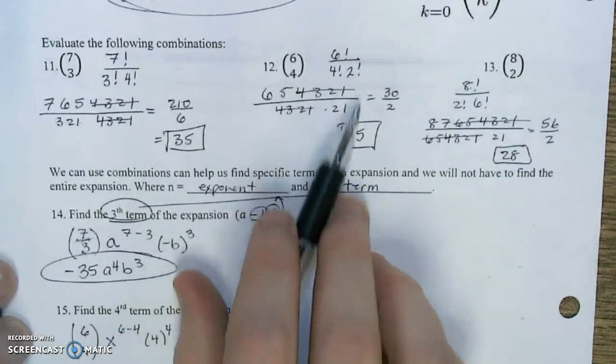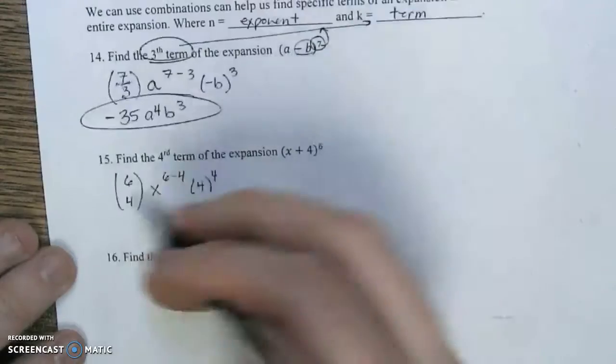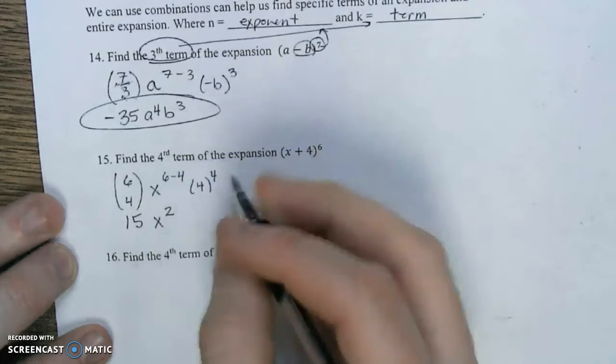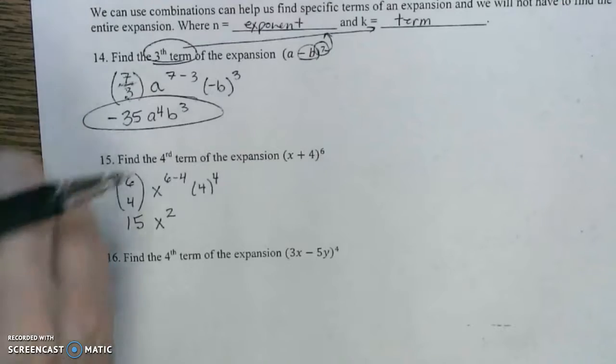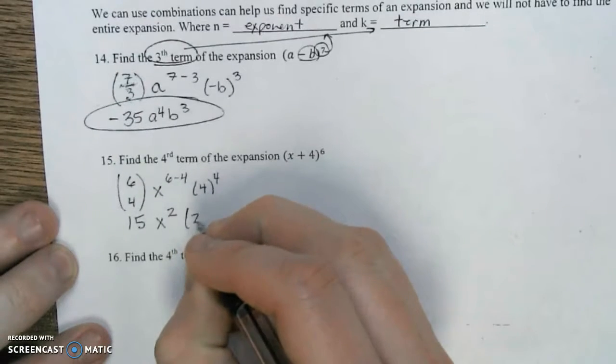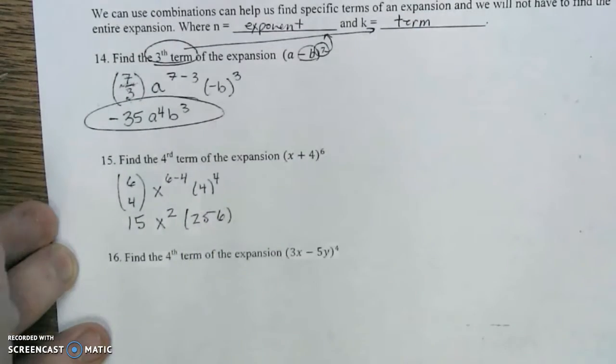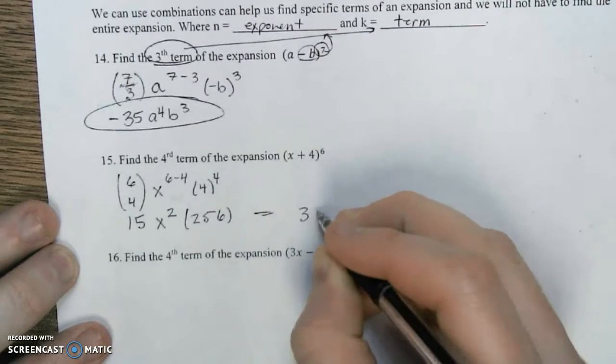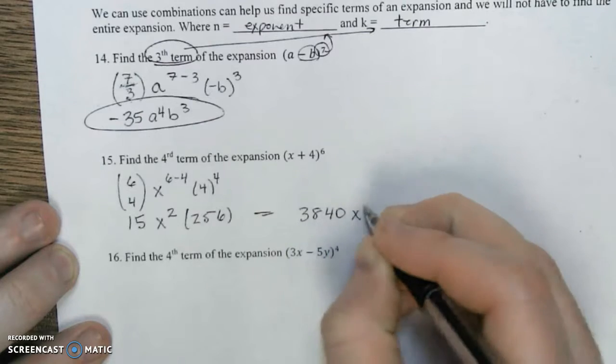It's 15. So you saw how we did it before. We get 15. And then we have 6 minus 4 is 2. And then we have 4 to the 4th, which is 256. And then we multiply that by 15, and we get 3,840x squared.